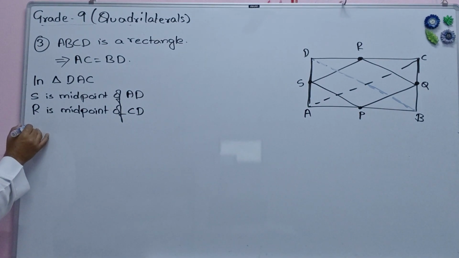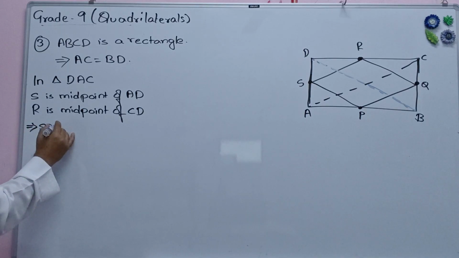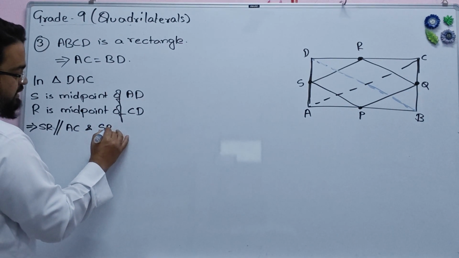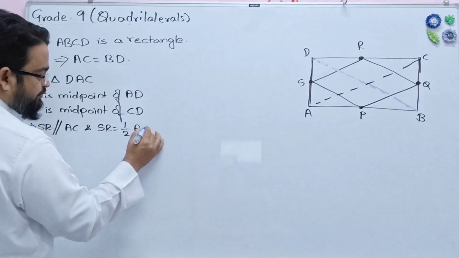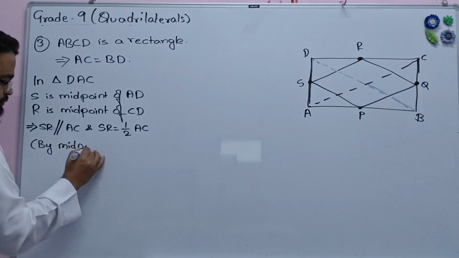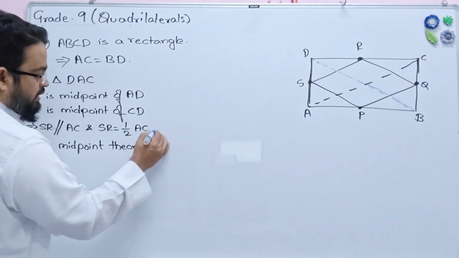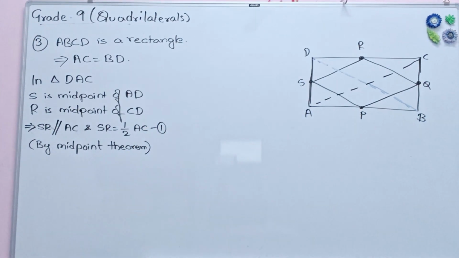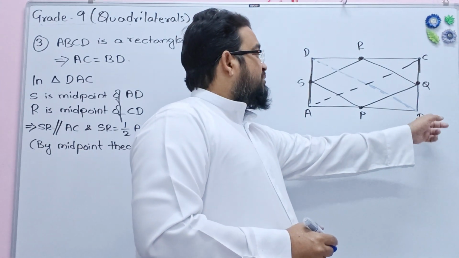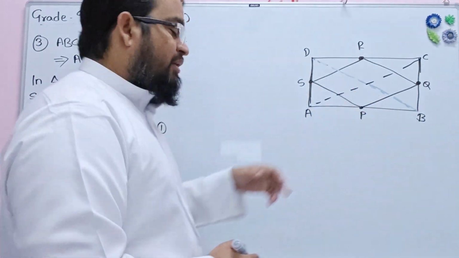So that implies SR is parallel to AC, and also SR is equal to half AC. And how can you get it? By the midpoint theorem. Let us take this as the first equation. And similarly, P is a midpoint of AB and Q is the midpoint of BC. So therefore PQ is parallel to AC and also PQ is equal to half of AC.